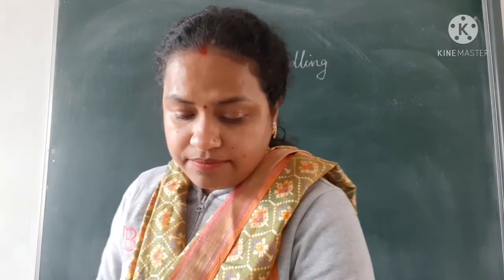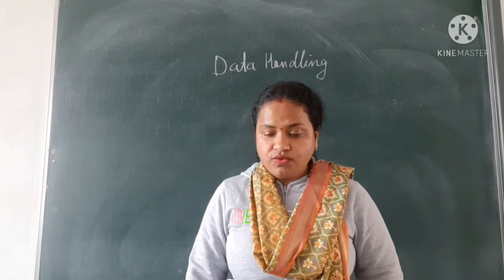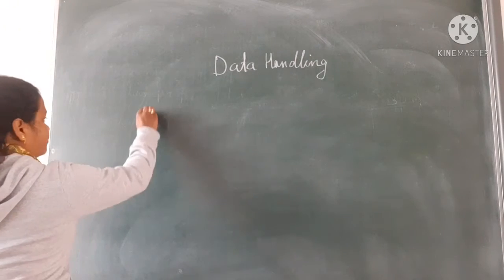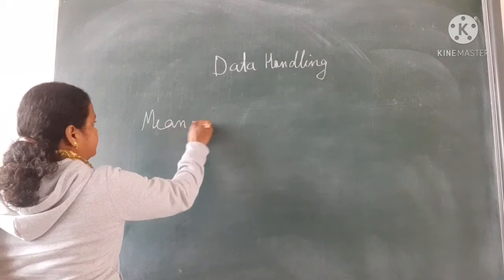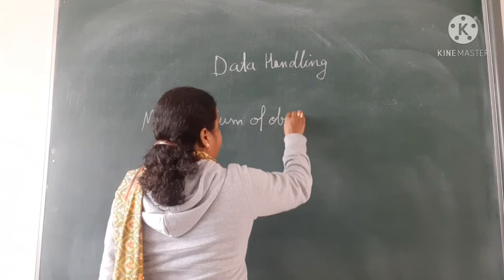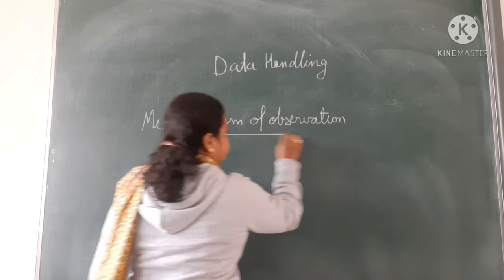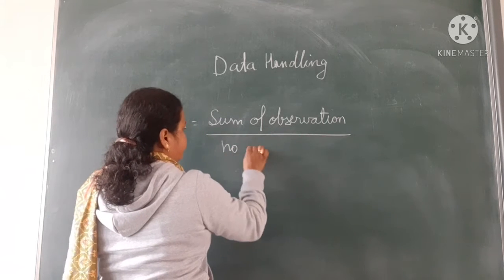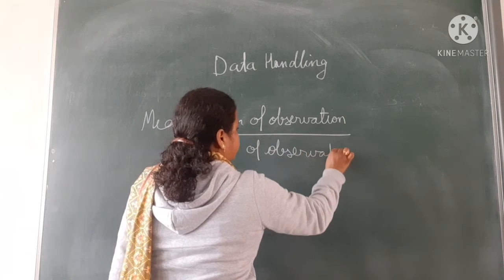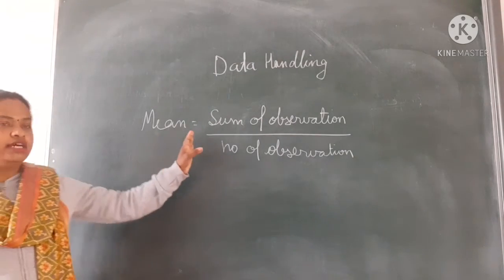Now, last comes arithmetic mean. Arithmetic mean is what? Mean is the sum of observations upon the number of observations, that is, the total.